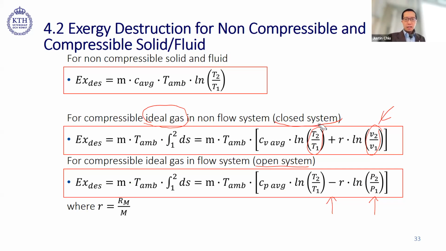But everything here I circled in red, these three equations, they are important equations to calculate the destroyed exergy. Whenever you have a temperature change, whenever you have a volume change, whenever you have a pressure change, they can be calculated this way.